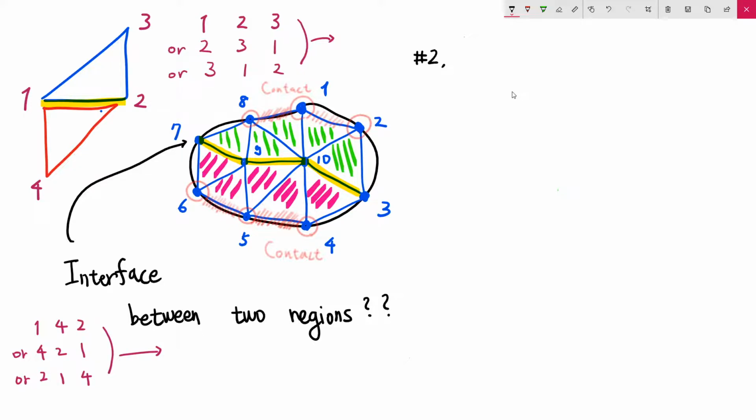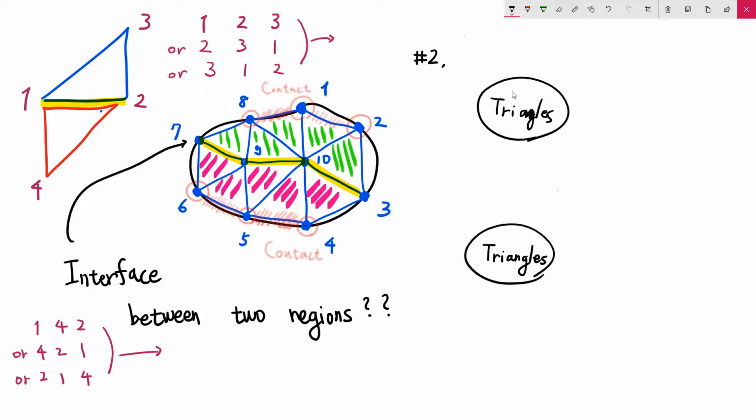Okay, thank you, Mr. Han. Yes, interface intersection means that the step is you have triangles for your first region, and you have triangles for your second region.